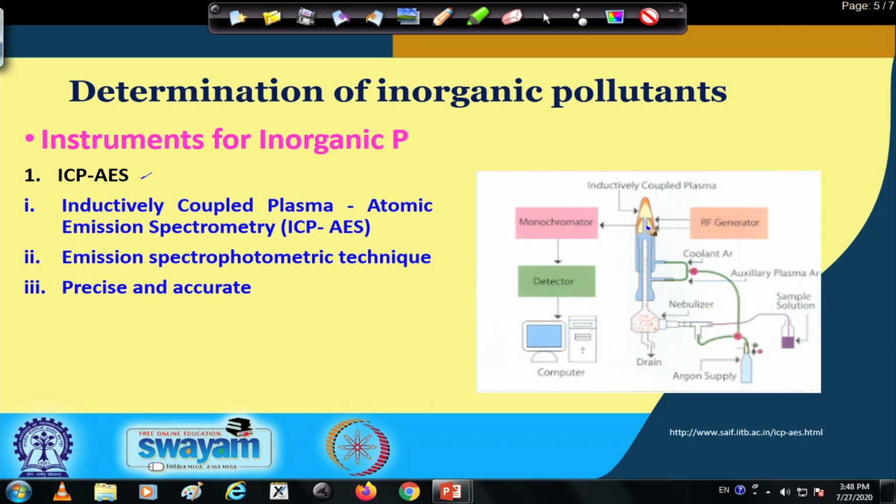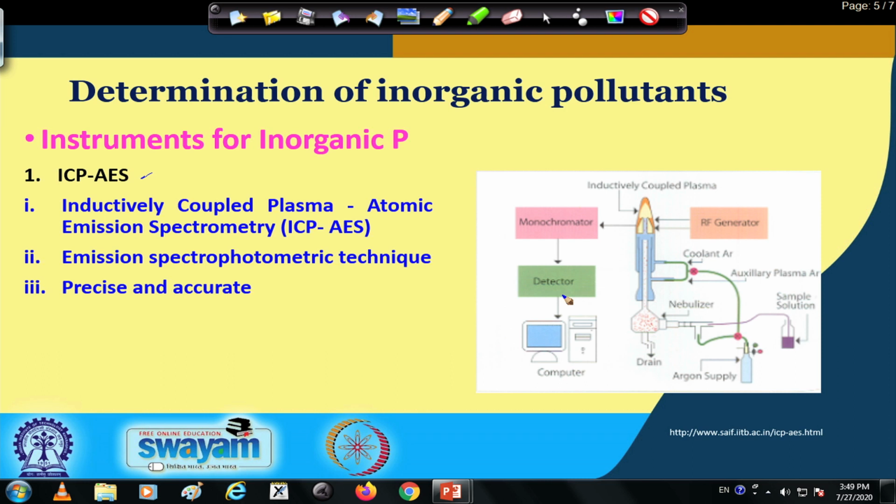This plasma is at a very high temperature, and this high temperature helps excite the atoms of these samples to emit the characteristic wavelengths of light, which are subsequently analyzed by the monochromator and detector. So, this is the basic construction of an ICP-AES spectrometer.